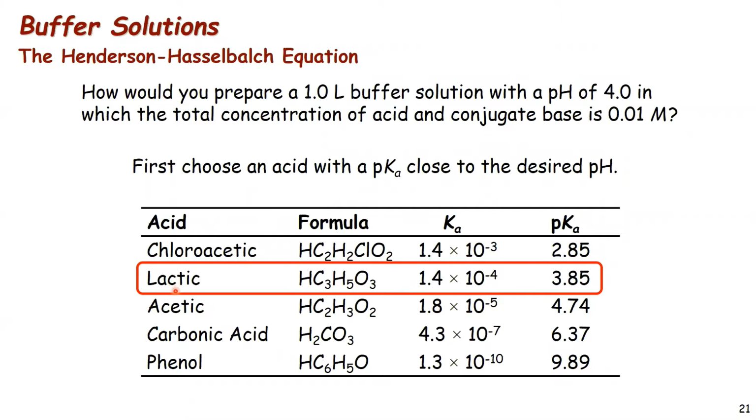Because the conjugate base is the lactate ion, but you can't buy a jar of lactate ions. You can only buy a jar of neutral molecules, okay? So maybe we'll use sodium lactate, or lithium lactate or potassium lactate. Now, why did I choose potassium, lithium, and sodium? Those are soluble.